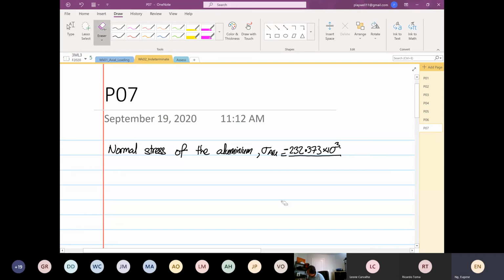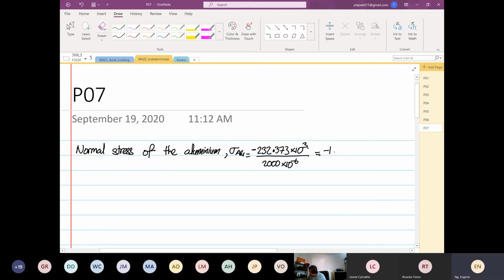And then divide by the cross-sectional area, which is 2000 times 10 to the power minus 6. So this will be equal to minus 232.373 times 10 to the power 3 divided by 2000 times 10 to the power minus 6. So it's equal to minus 116.1865 times 10 to the power 6 Pascal.